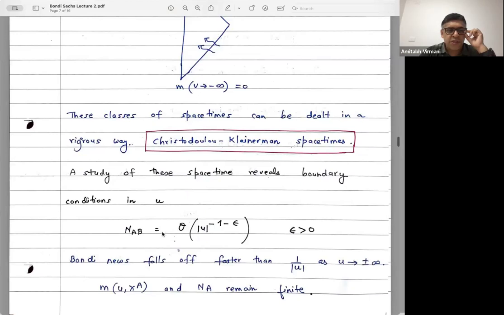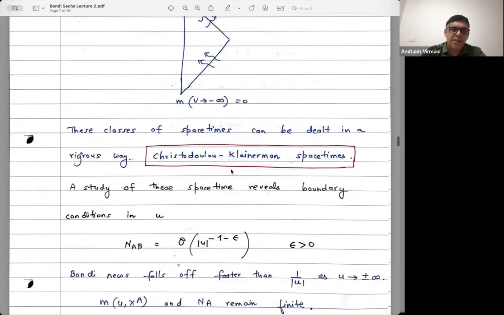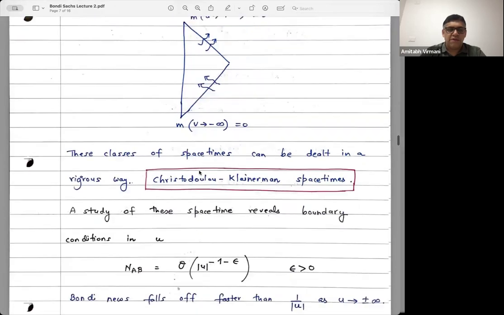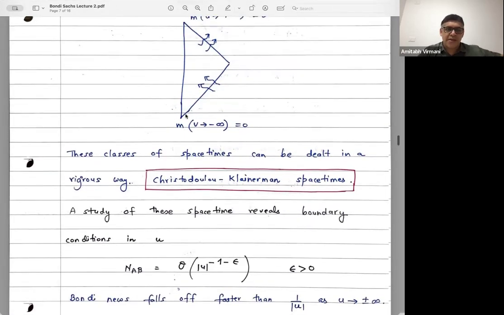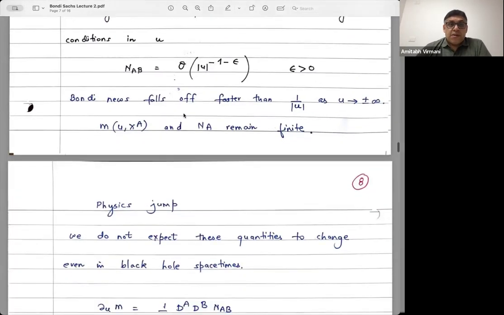In all such situations, the News tensor falls off as 1 over U or a power higher than 1 over U, such that this space-time has asymptotic flatness in the past and asymptotic flatness in the future. And they remain Minkowski-like everywhere. Okay.